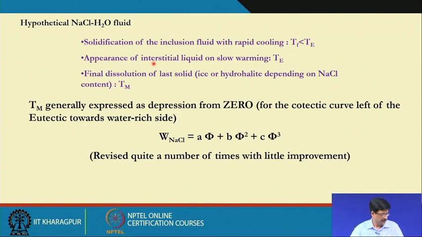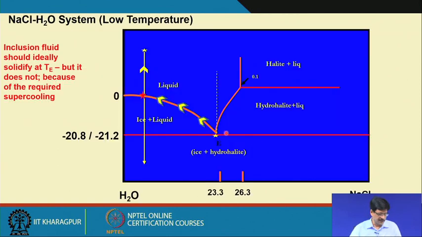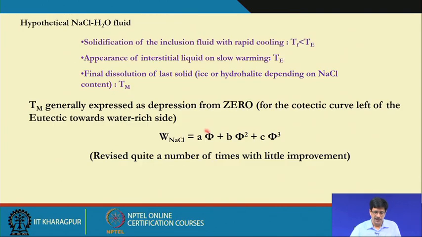And now, the interesting situation which we will also be discussing: the temperature corresponding to the eutectic will be characterized by the formation of interstitial liquid in the inclusion which was frozen. So the appearance of the interstitial liquid will help us in knowing the eutectic temperature, and the final dissolution of the last solid, that is ice or hydrohalite, depending on the NaCl content, will be recorded as Tm, or sometimes people designate it as Tm ice.